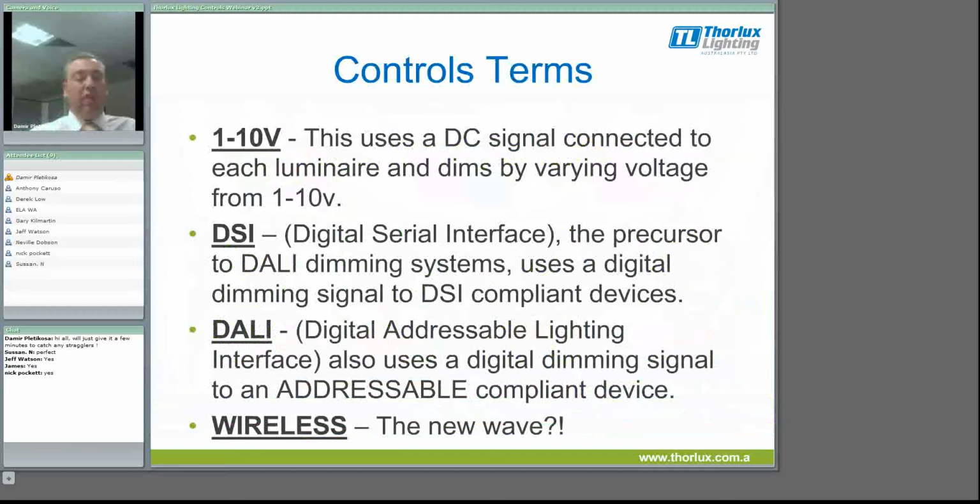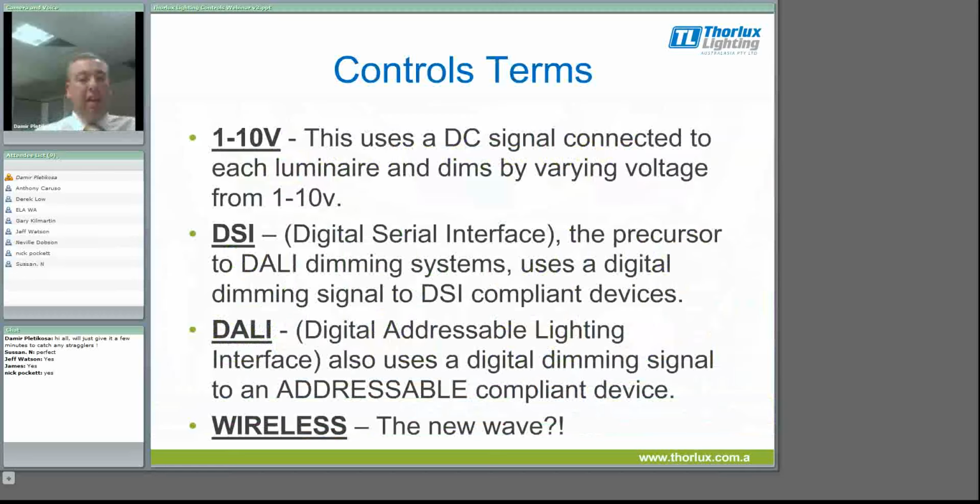We've also got DSI, which is Digital Serial Interface, which is the precursor to DALI dimming systems and uses a digital dimming system to DSI compliant devices.